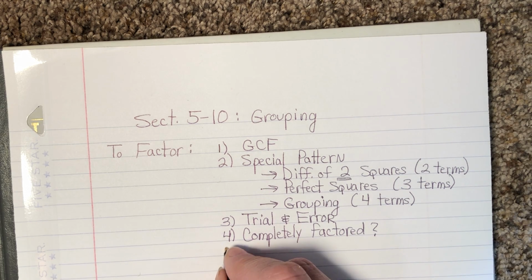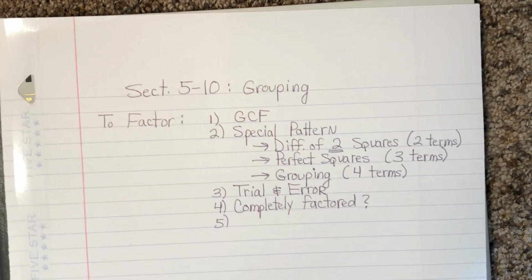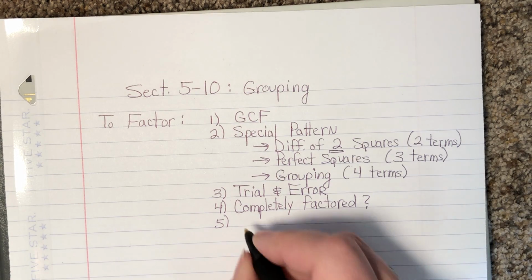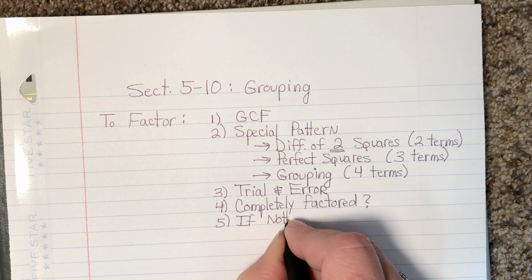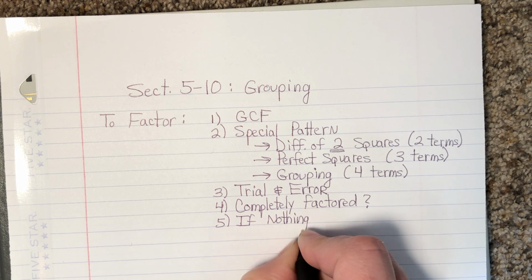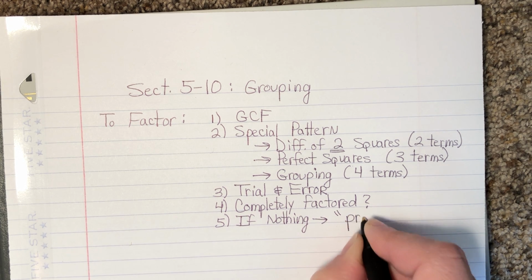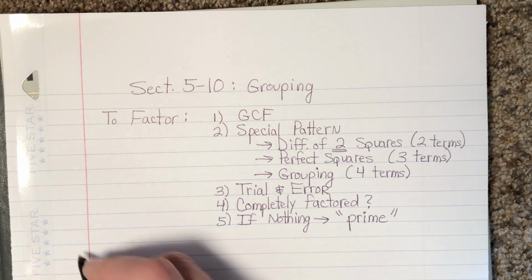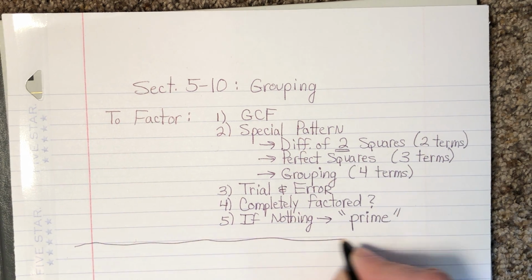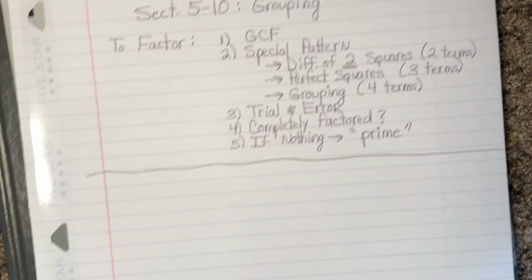And then if you go through all of that and you can't do anything at all, not even a GCF, if you can't do a thing, you would call it prime. Okay, so that's our overall process. Very important that you follow those steps.